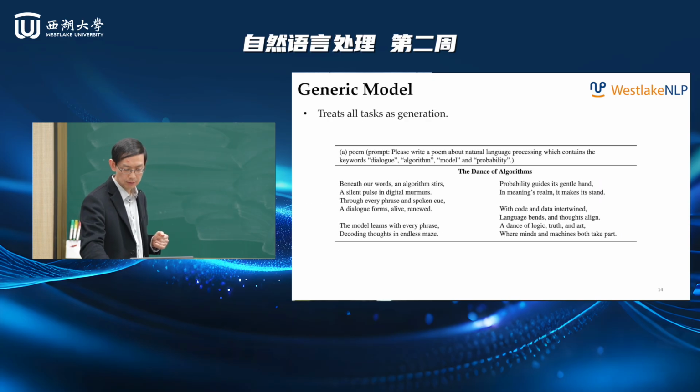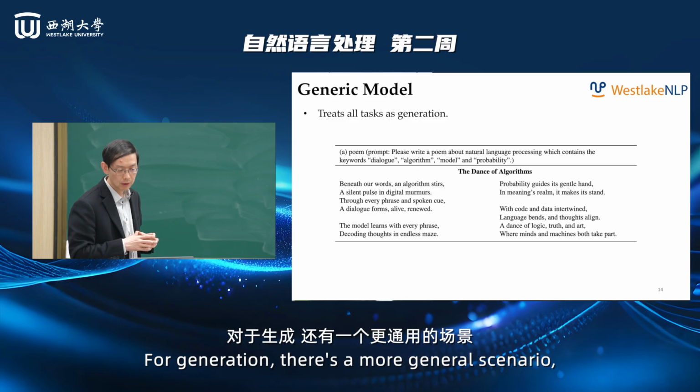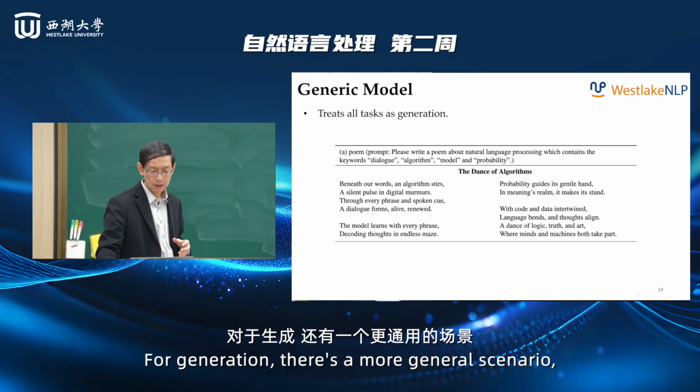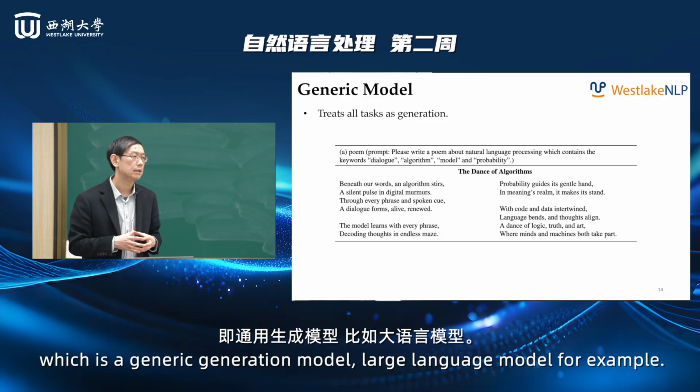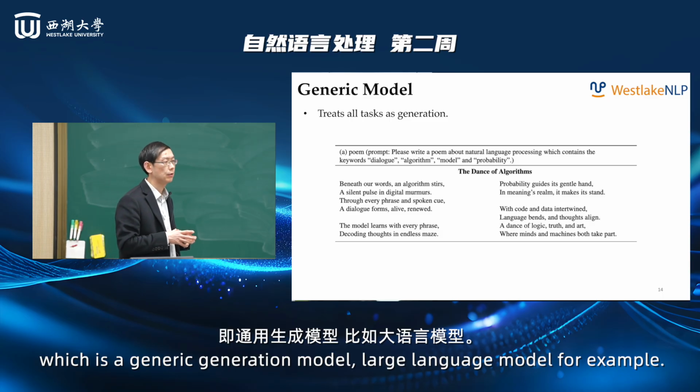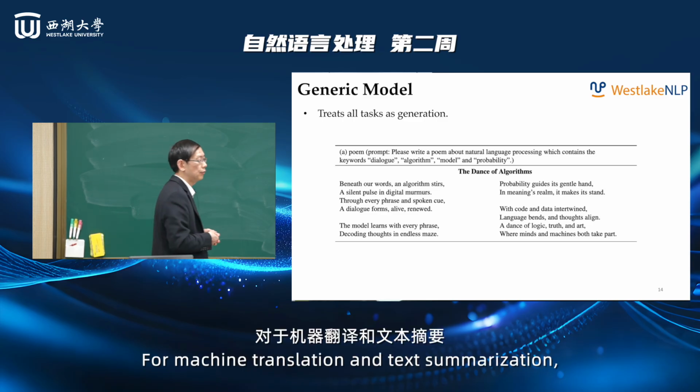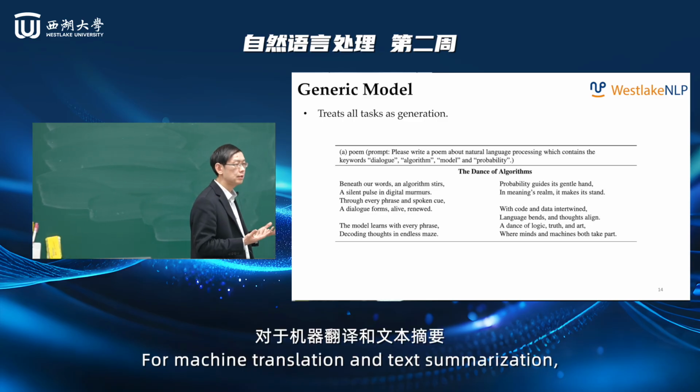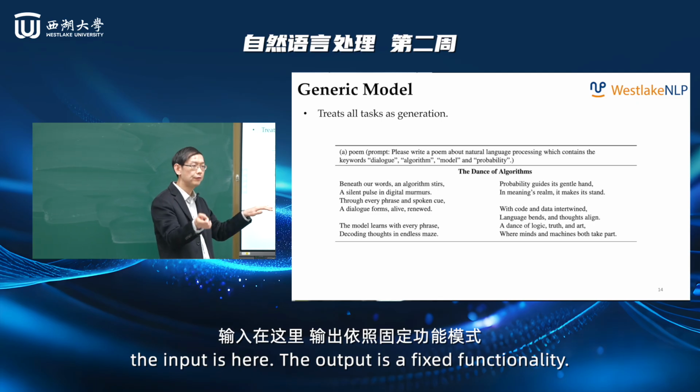For generation, there's a more general scenario, which is a generic generation model, a large language model, for example. For machine translation and text summarization, the input is here, and the output has a fixed functionality.